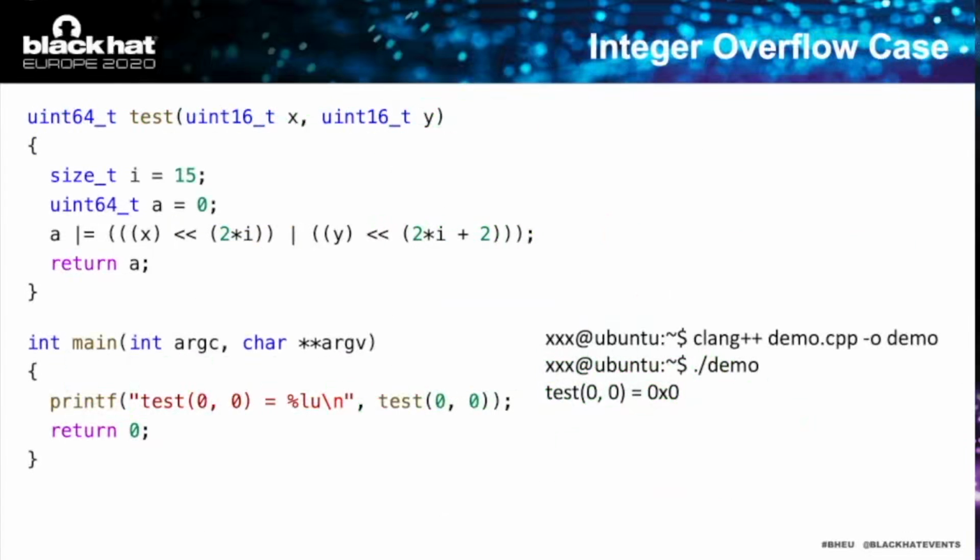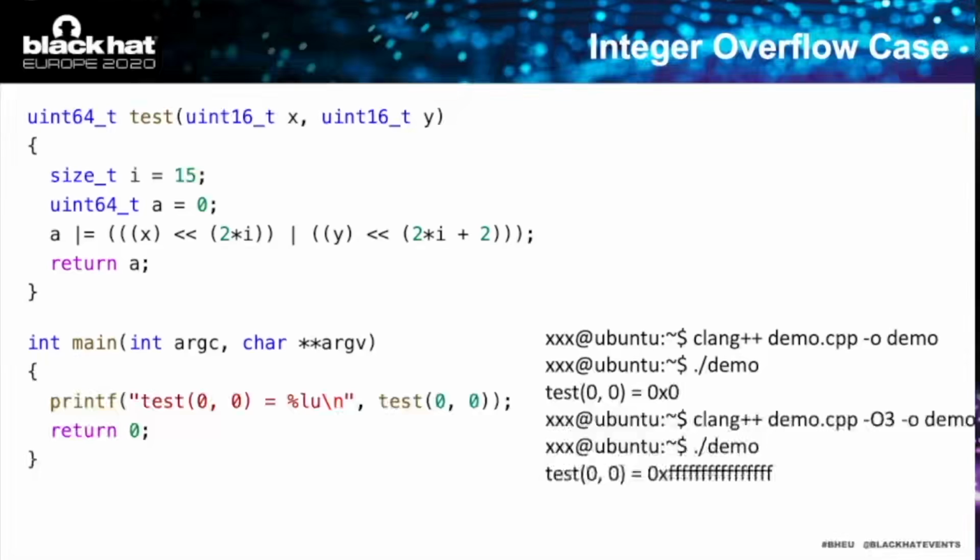This is another integer overflow case. The function test will compute the shift results of inputs. In common sense, the output result should be 0 when the inputs x and y are both 0. But if we perform level 3 optimizations, the output is not 0.